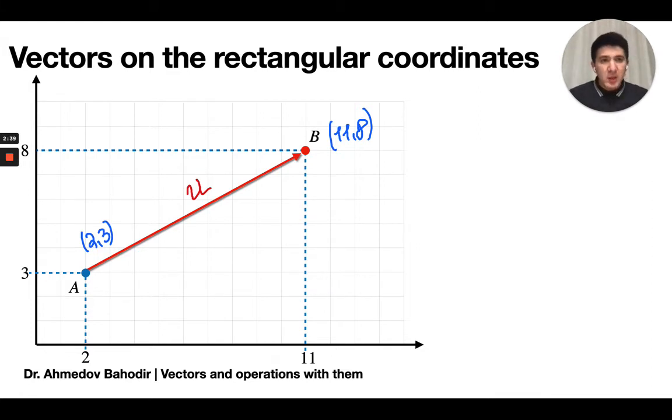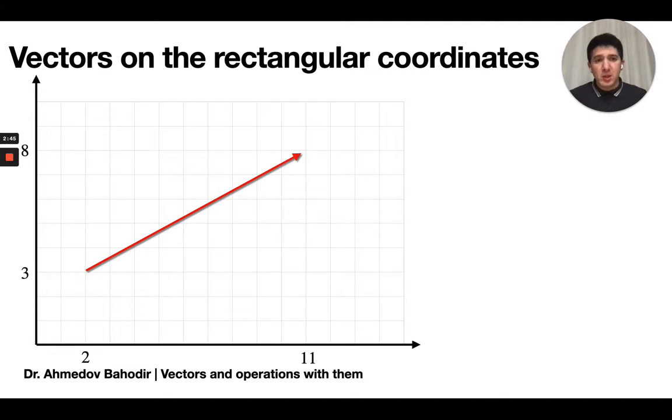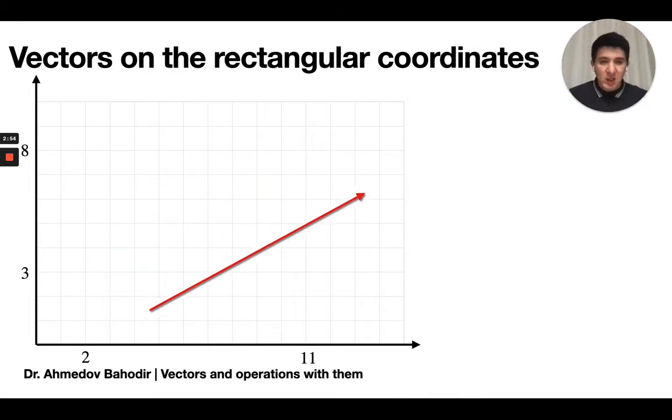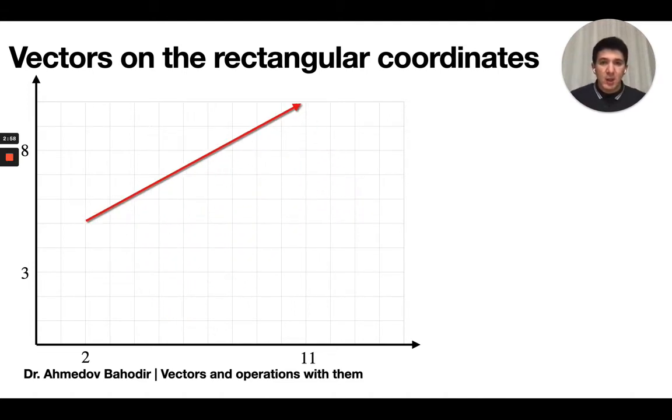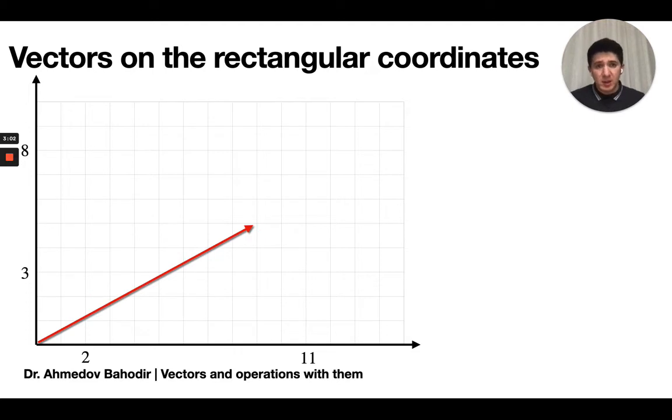One of the features of vectors is that you can put a vector at any location, any position, without changing its direction and its length or magnitude.